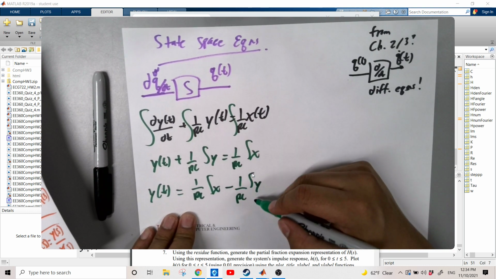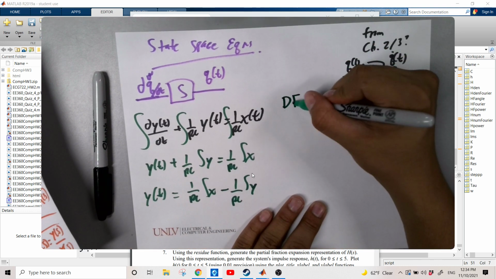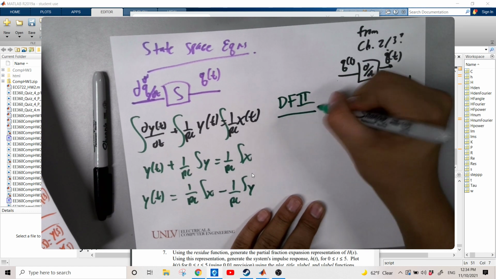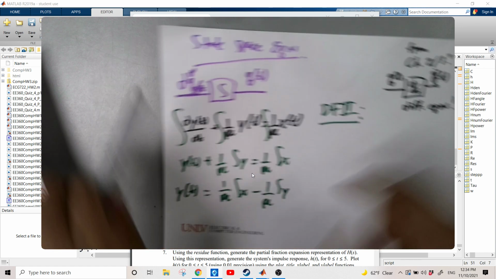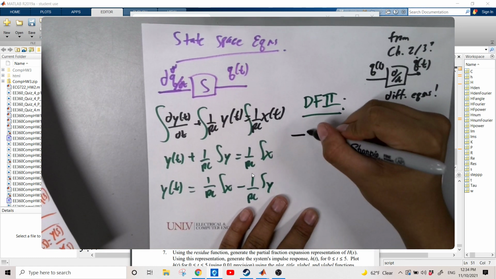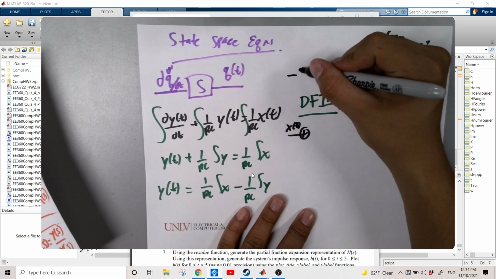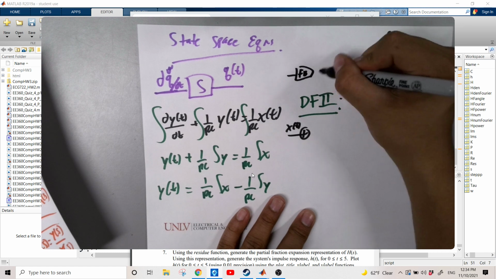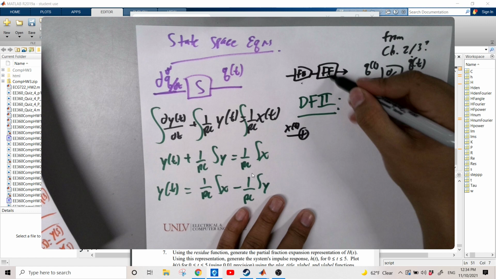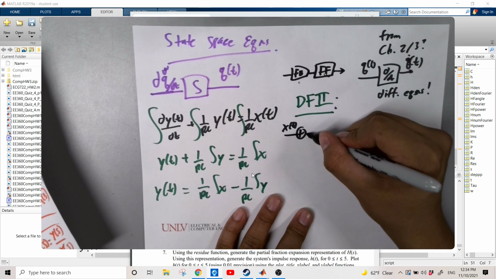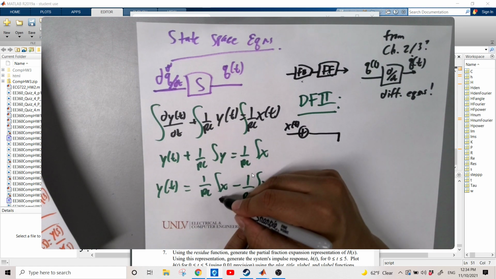So in practice, we don't really build these differentiators. We build integrators. So if you wanted to build this in a direct form 2 aspect, remember how we drew these direct forms? We would start from the input, x of t. Remember the direct form 2 had these feedback circuits and feedforward circuits. This one would be in the front, this would be in the back right here. If we were to model this, we have one integrator.